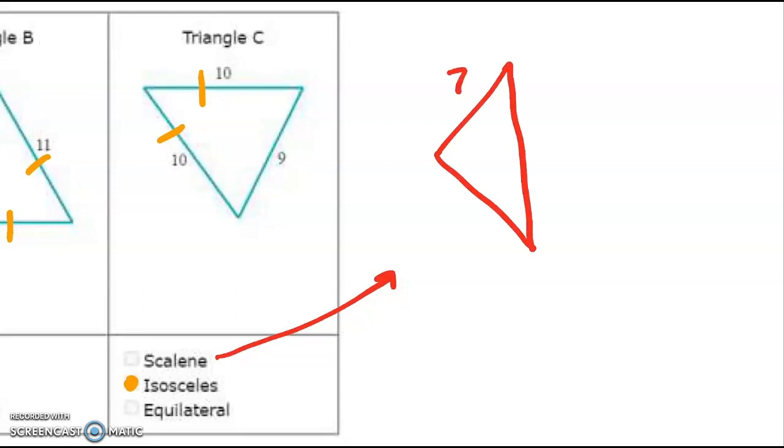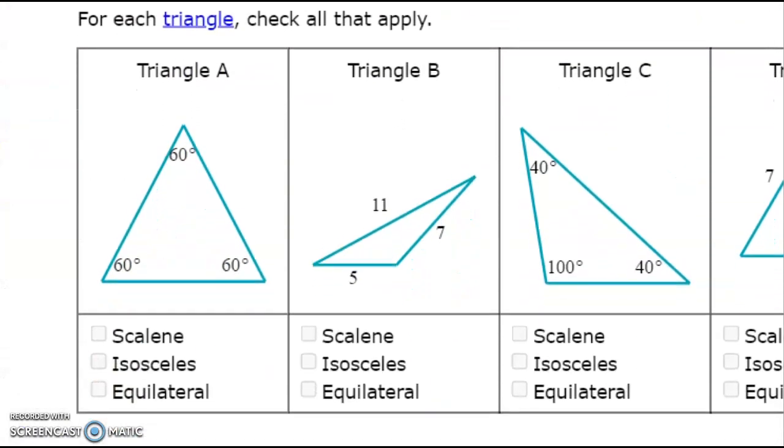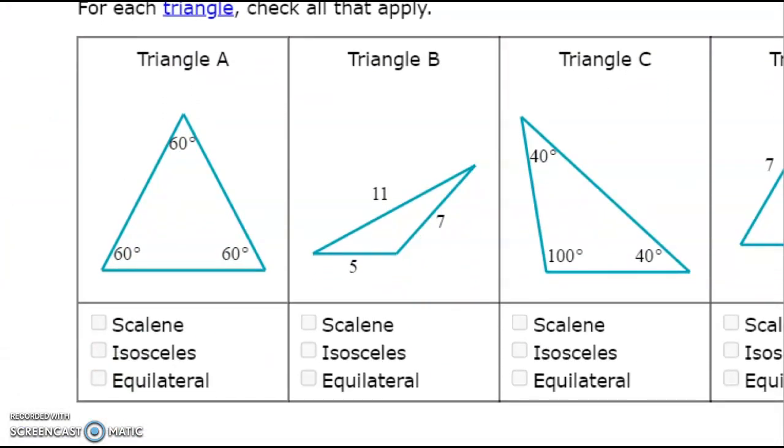If you had like 7, 9, 11, I don't even know if those three side lengths are possible to make a triangle, but all three side lengths will be different in a scalene, meaning all three angles will be different as well. So when we're down here looking, and actually there's an example of one right there in B. So now when we're looking at angles, when they're all 60, they're all congruent.